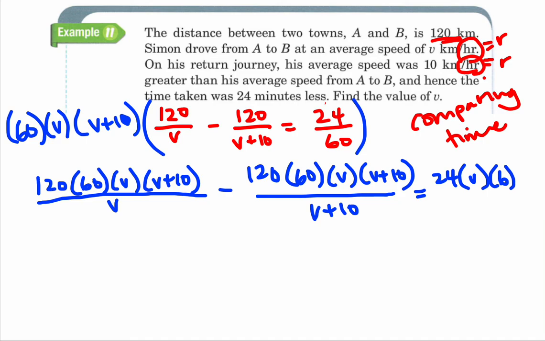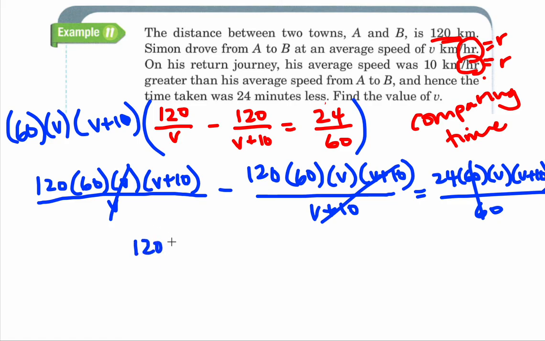Let me get more room. Getting a little cramped. 24 times 60 times V plus 10 divided by 60. Okay, so stuff is going to cancel. These V's cancel, V plus 10s cancel, and these 60s cancel.